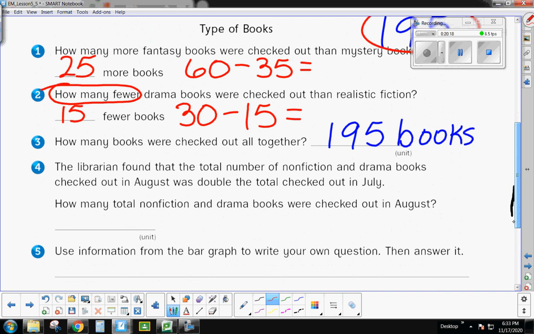Number 4, it says a librarian found that the total number of nonfiction and drama books checked out in August was double the total checked out in July. So how many total nonfiction and drama books were checked out in August?